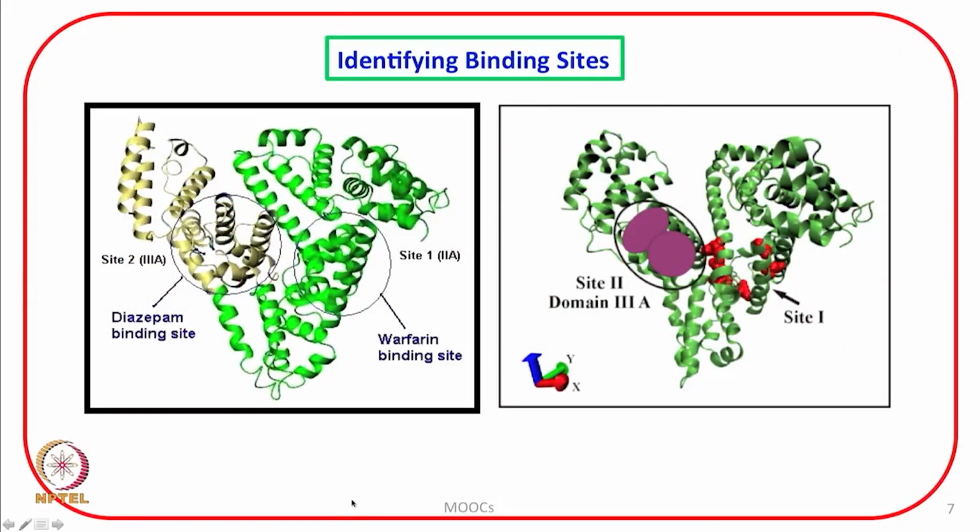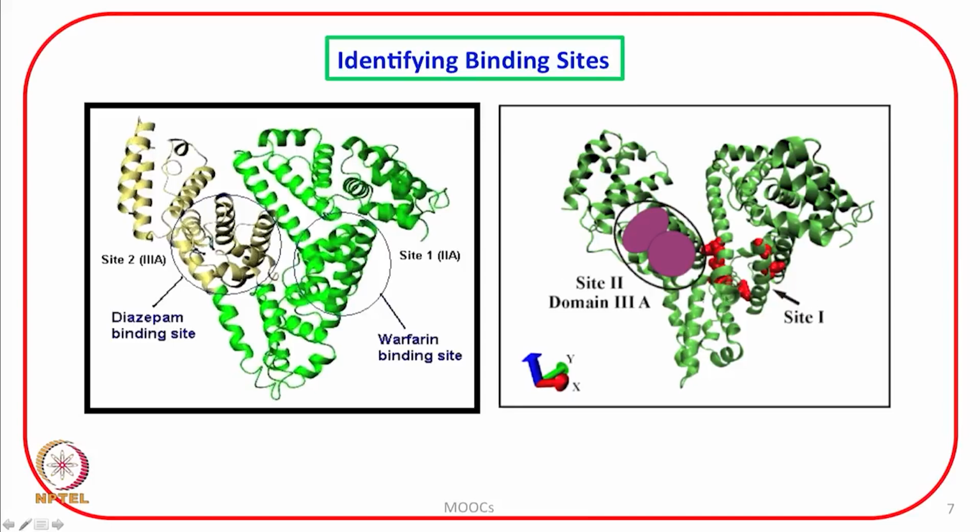Therefore, thermodynamic signatures which are obtained by the use of isothermal titration calorimetry can also help us in identifying the binding sites of the protein. So, when it comes to identifying the binding sites, by using a similar approach, it can be established whether the incoming ligand binds to site 2 or site 1.